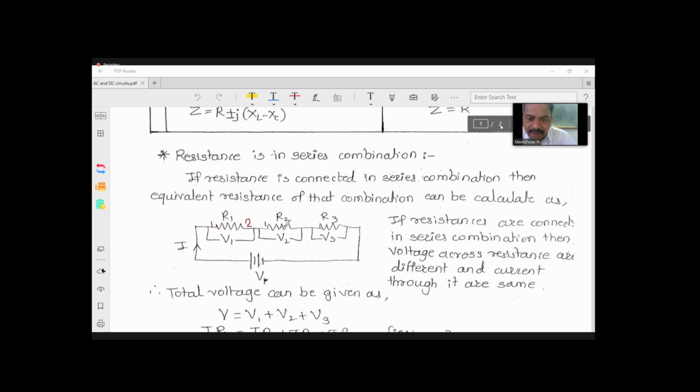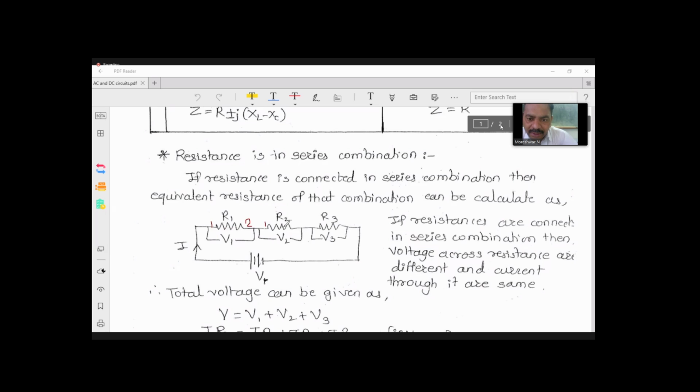Suppose in the previous example we calculated the resistance value as 17 ohm, 10 plus 5 plus 2. Once again I can write here, this is 10, this is 5, and this is 2. Okay, and according to Ohm's law, I can calculate this current. So this current I is nothing but I equals V upon R. This is the formula for that.